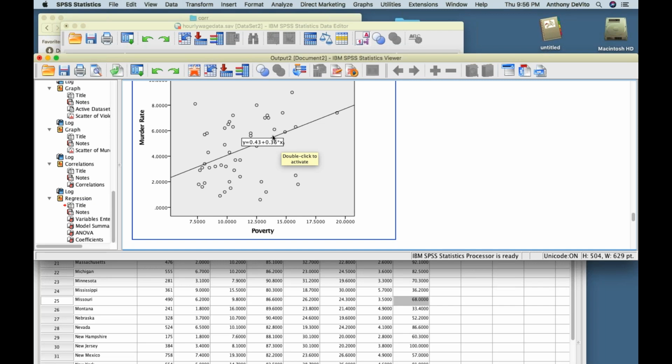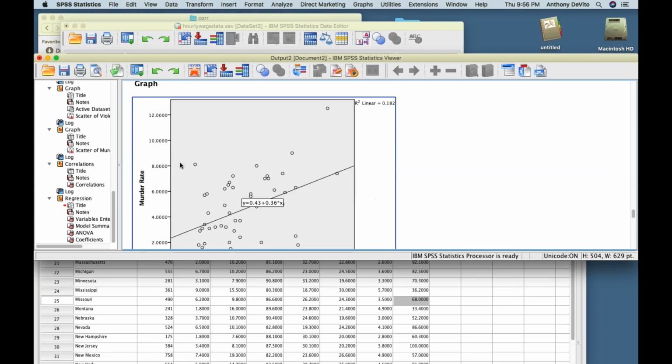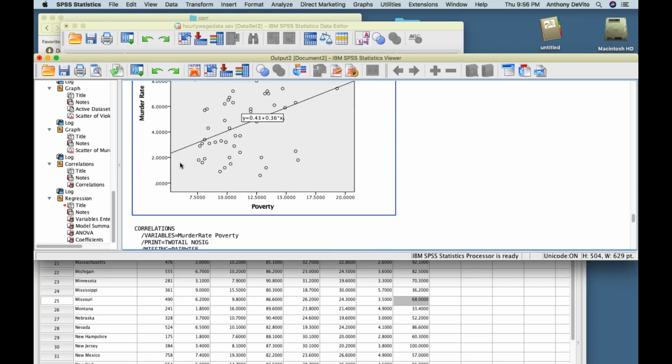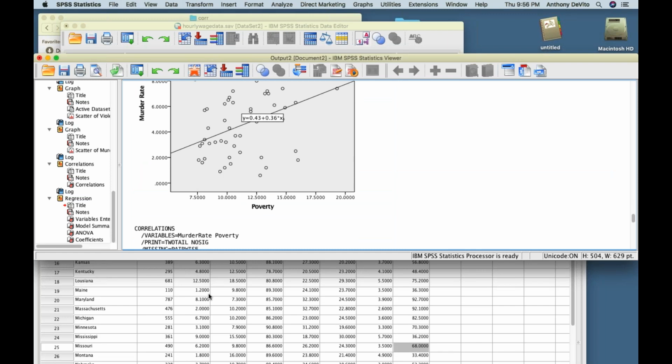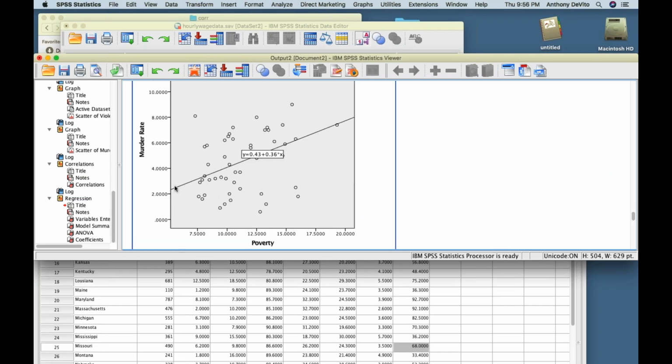A 5% reduction in the rate of poverty, 5% from the original to the final rate of poverty, would suggest a drop in the murder rate of 2, whatever that rate is, whether it's a percentage or something like that. So it's not 2%, obviously. It's 2 per whatever the number is, 2 per 100,000, 2 per 10,000, or something like that.